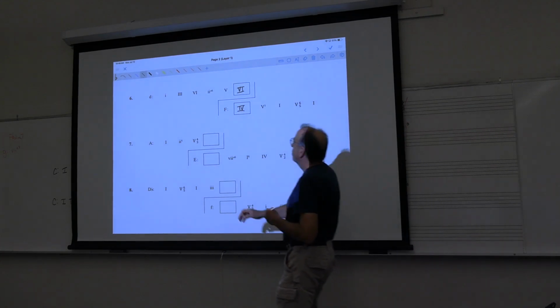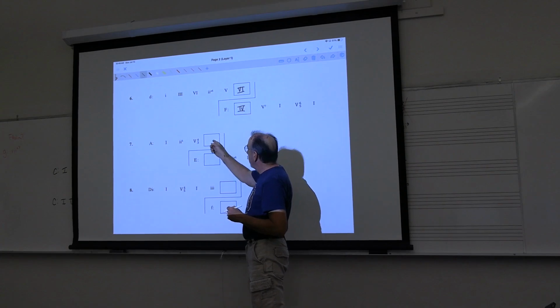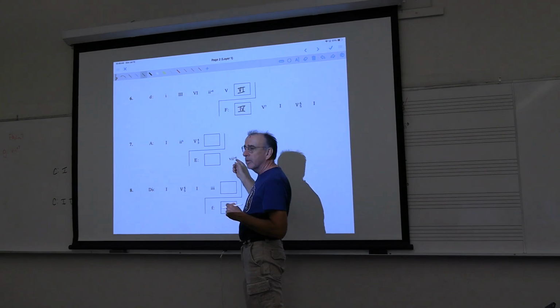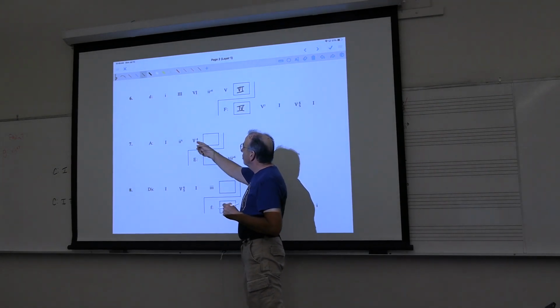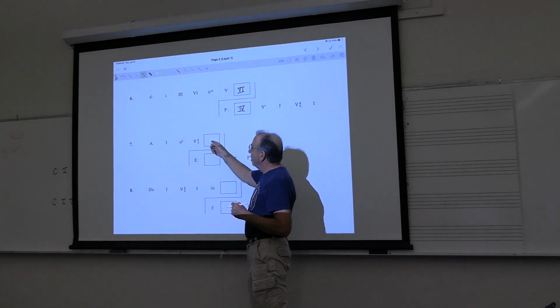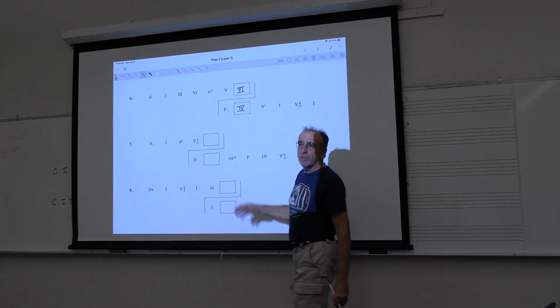Well, what could follow the 5? 1, and 1 would become what in E major? 4, which would work, right? Okay, what else could follow 5? 6, which would be an F sharp minor triad, which would become what? 2, which would also work, right? So we have those two options.